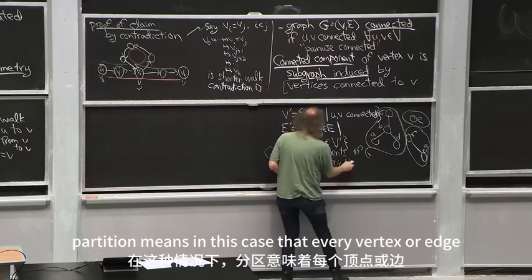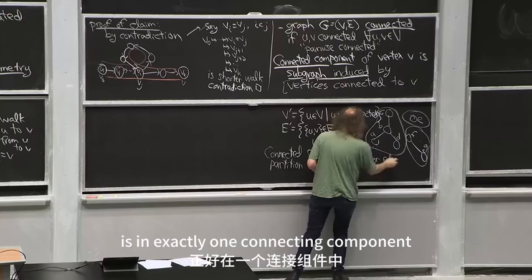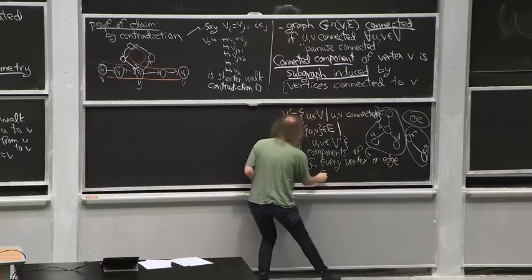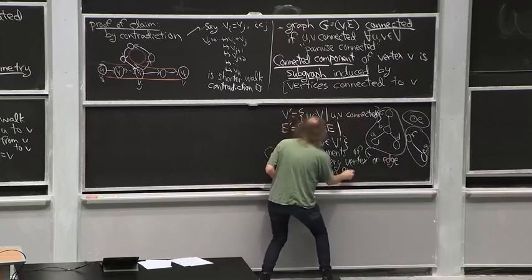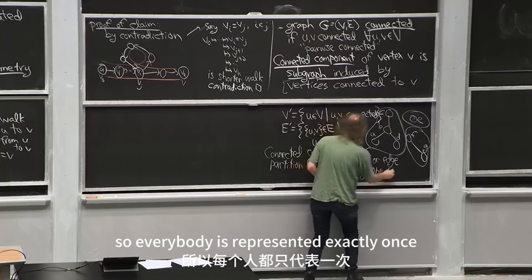Partition means, in this case, that every vertex or edge is in exactly one connected component. So everybody is represented exactly once.